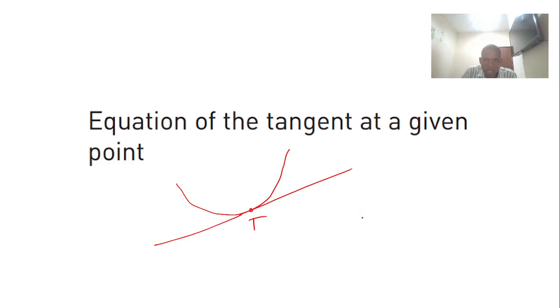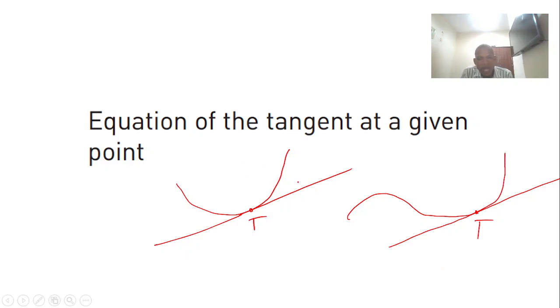Take note. Now I can have a cubic curve. Now this is a cubic curve. I can also have a tangent line, okay? So now this is my tangent line. You see? Now the point of contact can be point T as well, okay? So what we are saying is the equation of a tangent at a given point.